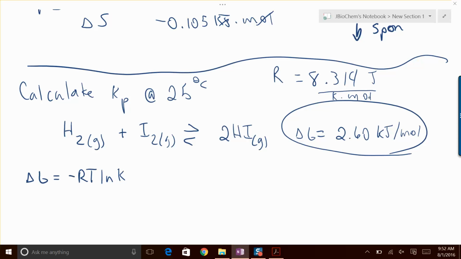That's right. So now you're going to have to use your e button, which is usually the shift function of the ln, natural log. I think round it all up.